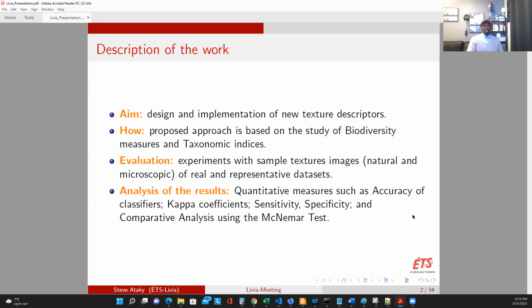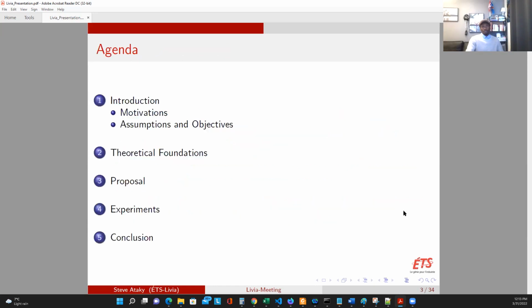And also we made some statistical analysis for verifying whether or not our descriptor performs well, not only in terms of accuracy, but also whether there is a statistical difference between this descriptor and other descriptors.